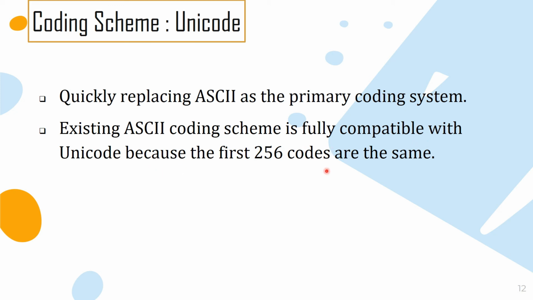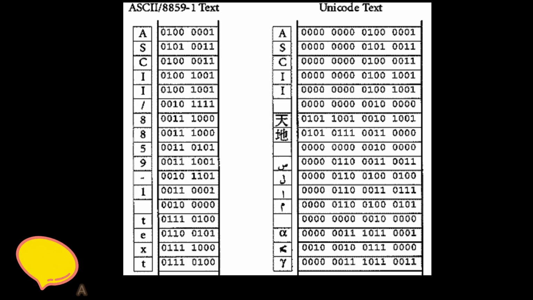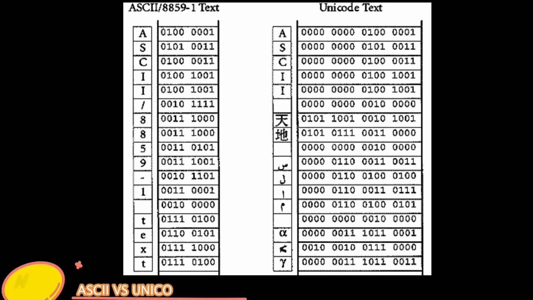Why? Because the first 256 codes are the same. They use the same code, ASCII and Unicode. As you can see in this table, the first 5 characters shown use the same binary code in ASCII scheme and also Unicode scheme.